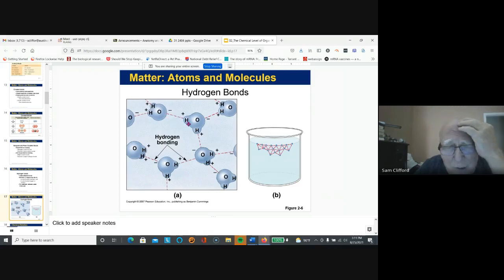It also is responsible for surface tension because at the surface of a water-air interface, the hydrogen bonds form a connected sheet, and that'll hold up insects and so on.